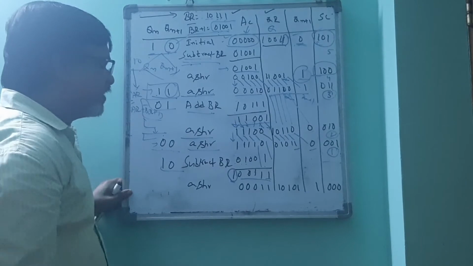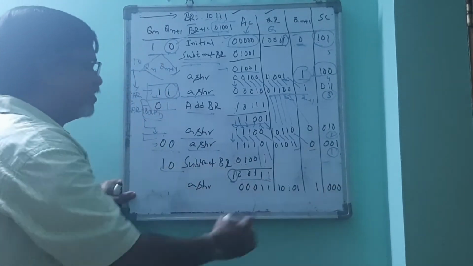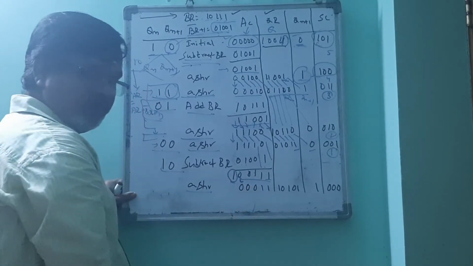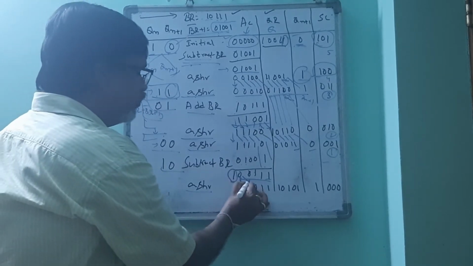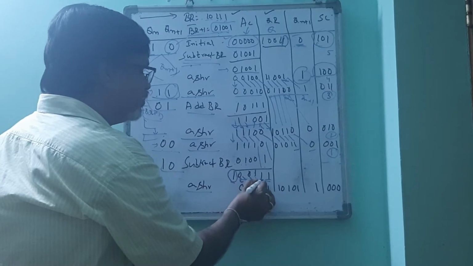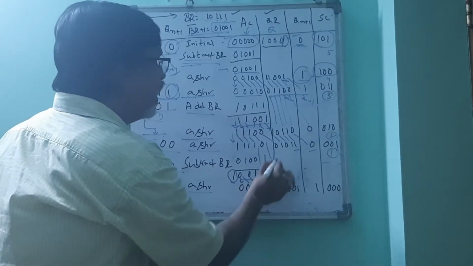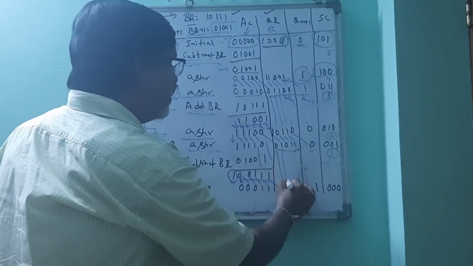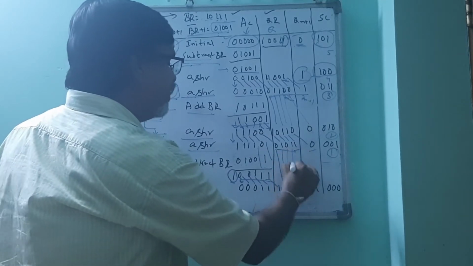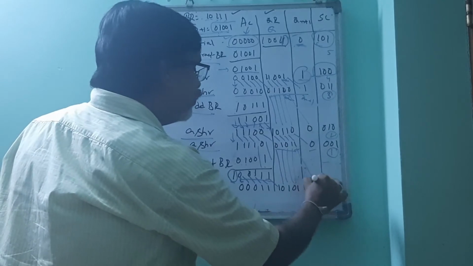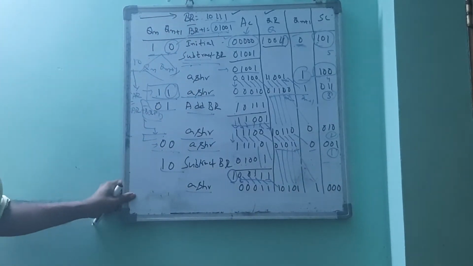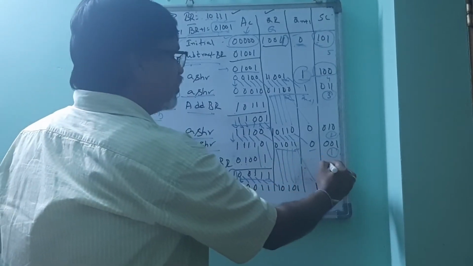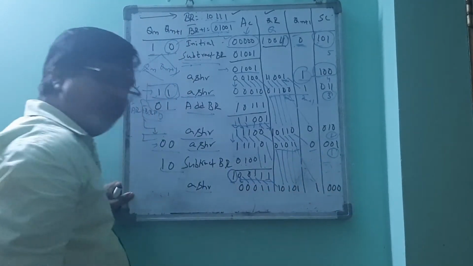So after discarding the carry, we have to shift right again. The most significant bit stays the same, and this will be moved. Here it is 1 and this 1 will be moved here. So we have 0, then 1, then 0, then 1, and this 1 will be moved to Qn plus 1. After shifting right, we decrement the sequence counter value by 1, which becomes 0.